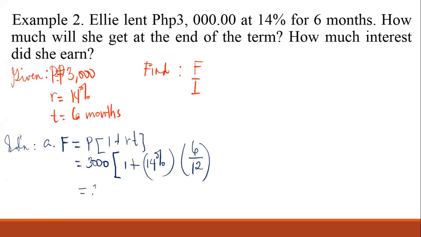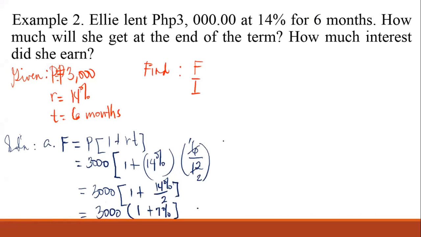So this is now equal to 3,000 times 1 plus 14% over 2. Bakit 2? Kasi naging 1 half na yun. And next. So this is now equal to 3,000 times 1 plus 7%. 7% ay 14 divided by 2 naging 7.